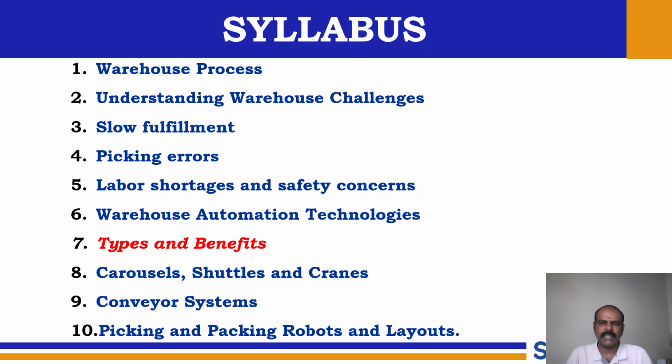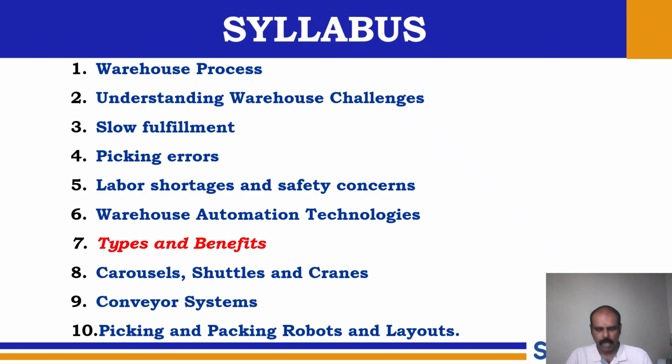Now, how the syllabus has been framed, let us make a very crucial observation. Initially you were informed about warehouse processes, then gradually you get into understanding warehouse challenges, then human error, then technology-oriented error; likewise you classify the errors.